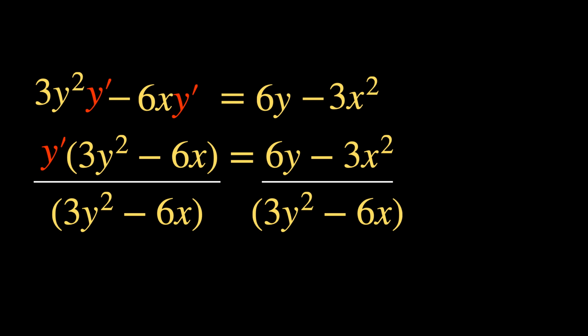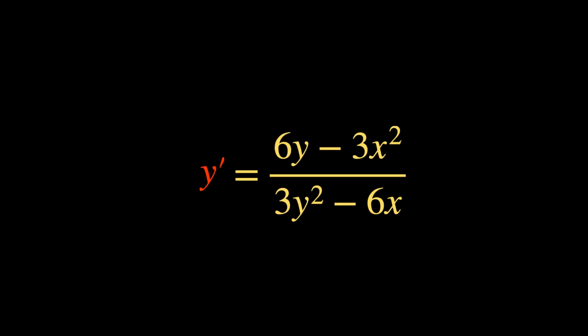By that, we can cancel 3y squared minus 6x and 3y squared minus 6x. Therefore, the value of y prime is equal to 6y minus 3x squared over 3y squared minus 6x.